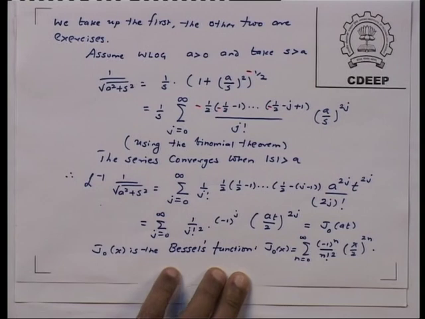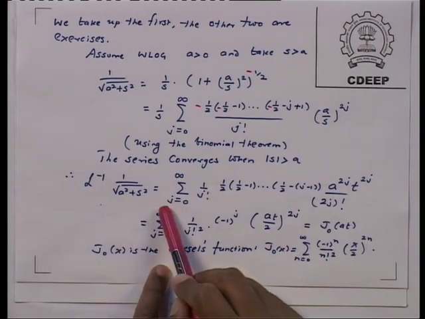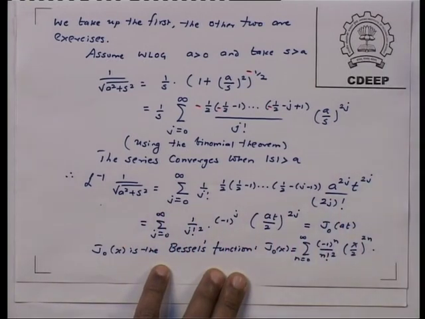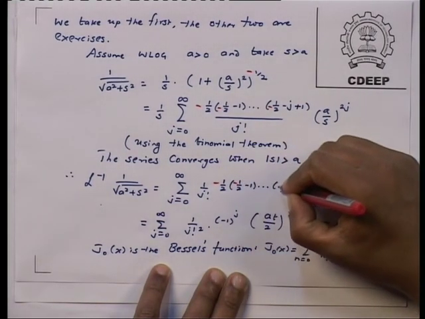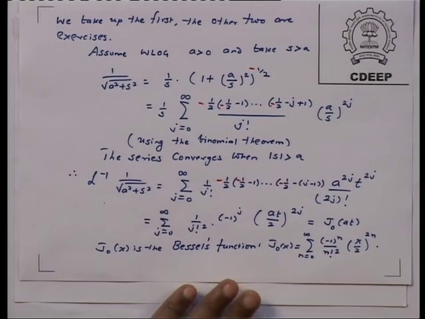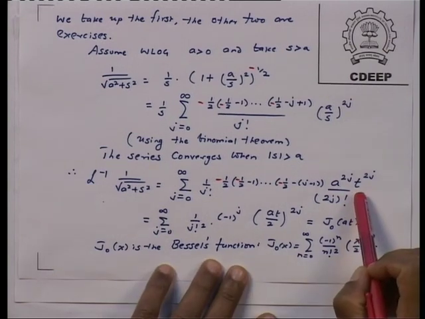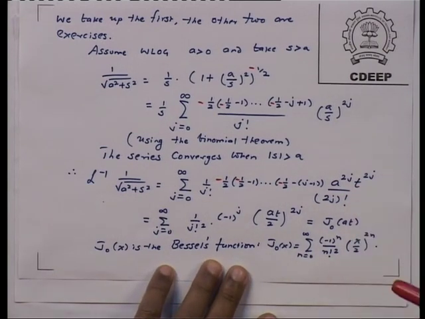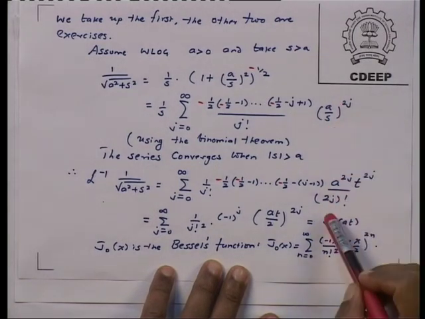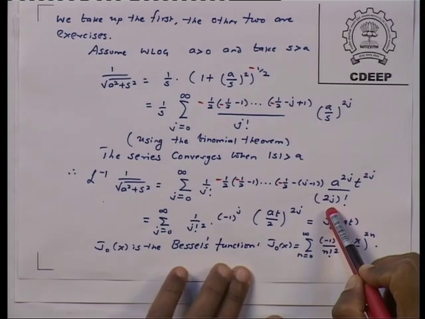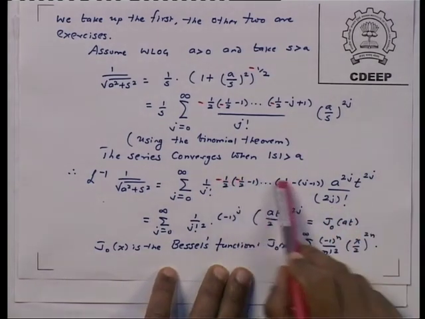Now we proceed to taking the inverse Laplace transform term by term. So, this minus sign will again come all the way over here. Is this step clear? Take L inverse term by term, and then what do you get? From 1 over s to the power 2j, I get a 2j factorial here.